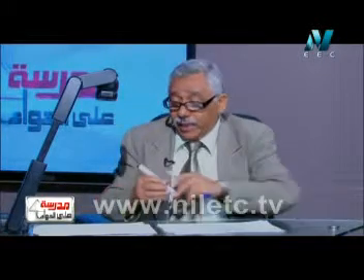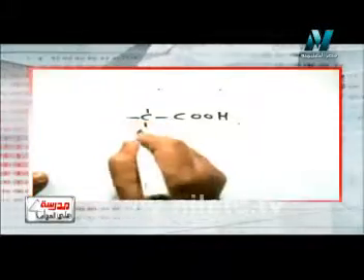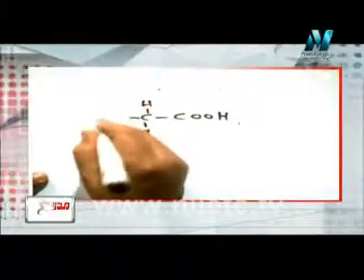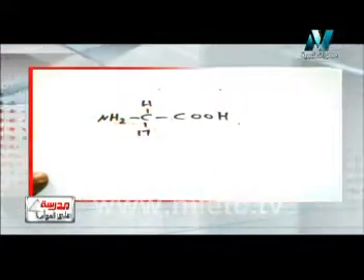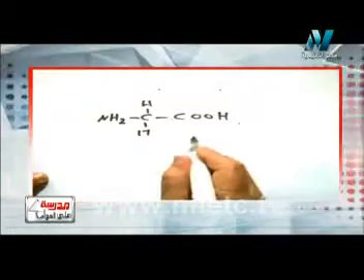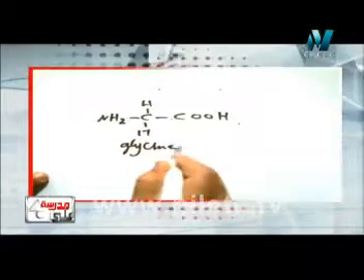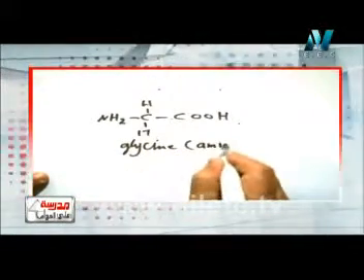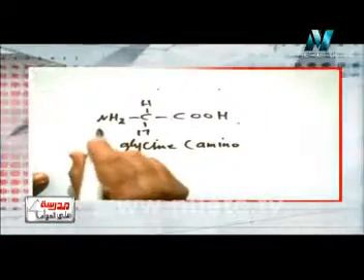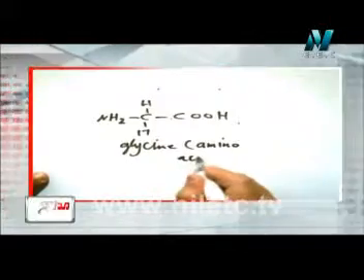For example, when we take acetic acid, CH3COOH, and replace one hydrogen by an NH2 amino group, this is called an amino acid, glycine, or amino acetic acid, due to the presence of the amine group.